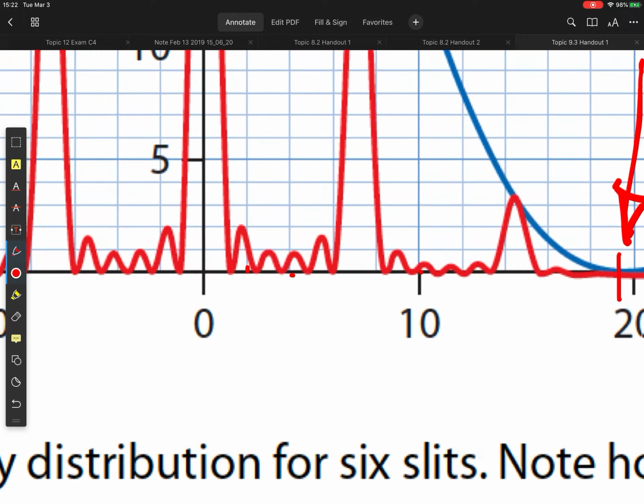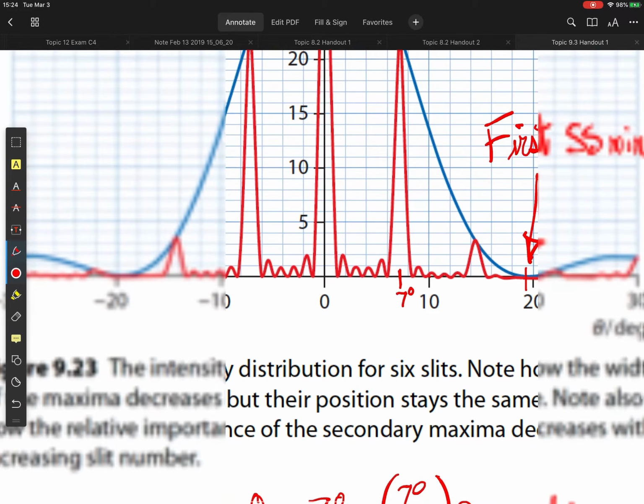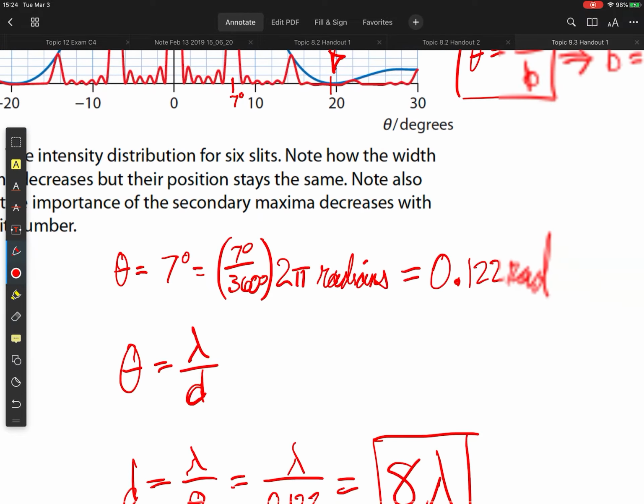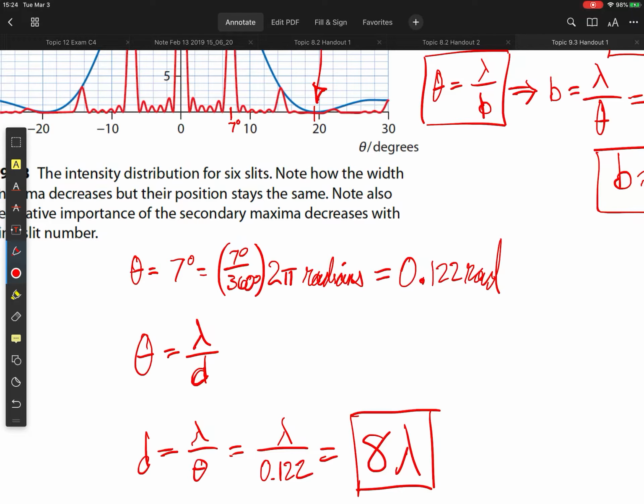Okay, so if I go here and I count equal spaces, 1, 2, 3, 4, 5, 6. Okay, I'll find 6 spaces there. And that tells me that I have 6 slits. But I also can use this to find my angle, and this is about 7 degrees here. So that is the angle that I need to use for the multiple slit mathematics.